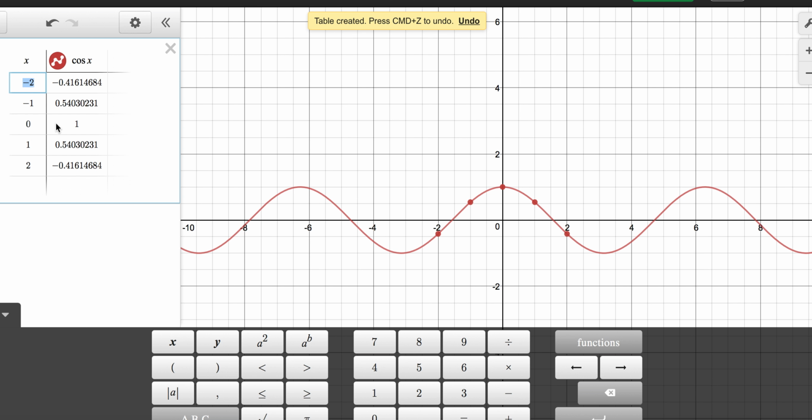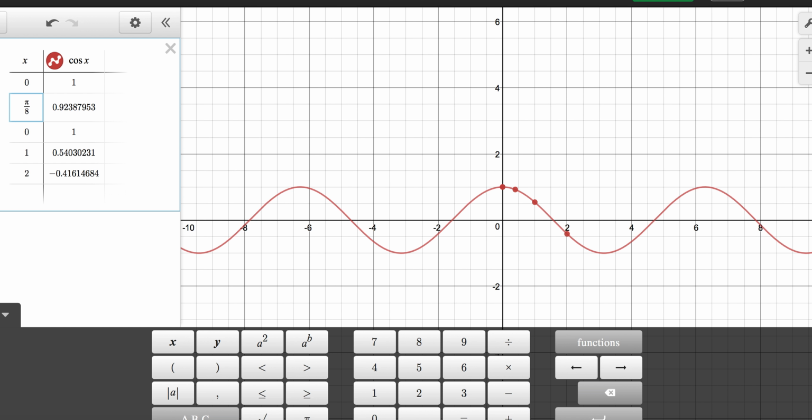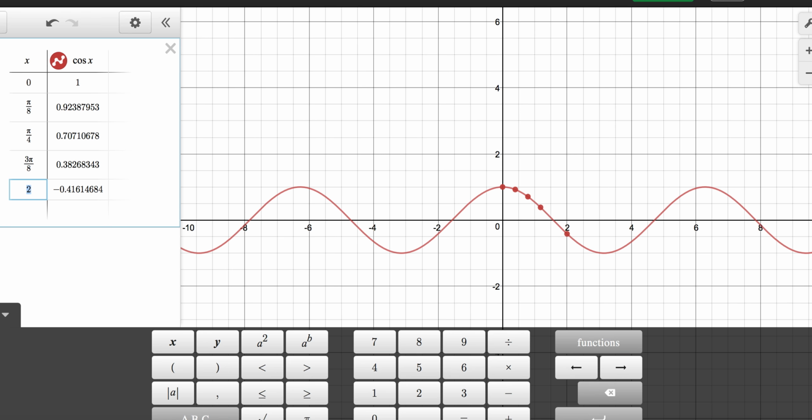So I had 0 and then pi over 8 and pi over 4, 3 pi over 8, and then pi over 2. So I'm basically going to have these values in their location.